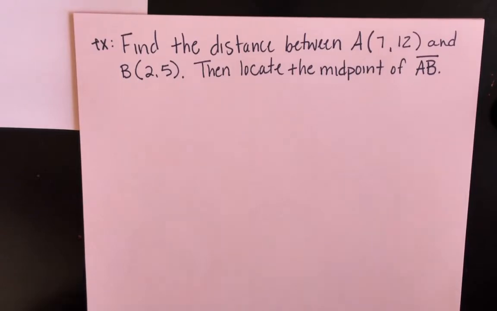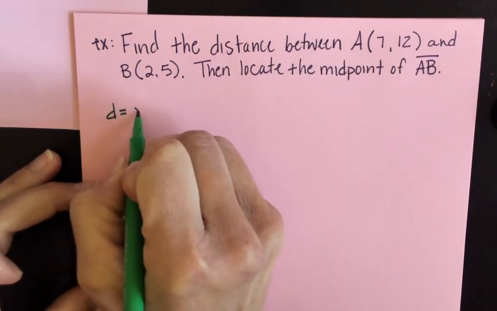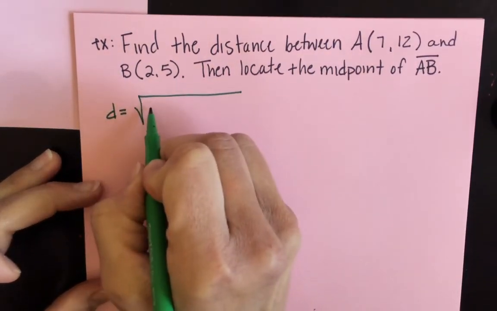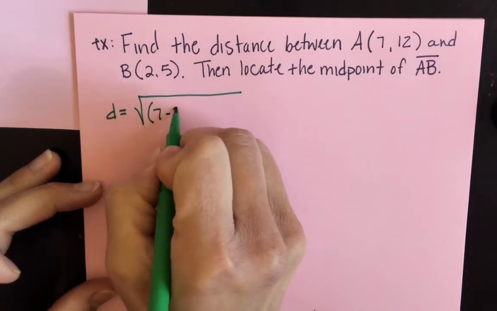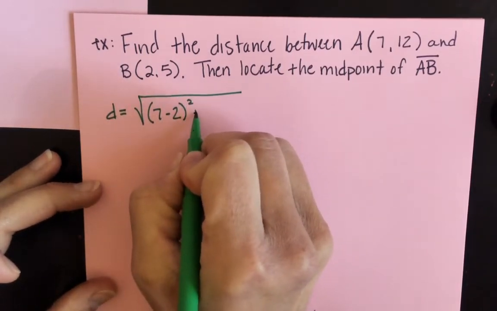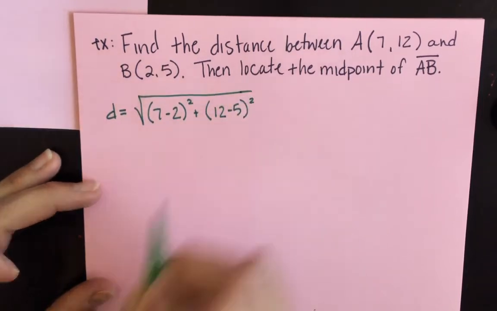All right, so what we are looking to do is, again, just fill in our formula. So if we're looking at our distance, I'm going to go ahead with 7 minus 2. And because I started with 7, I'm going to go back to 12 minus 5 and square that.